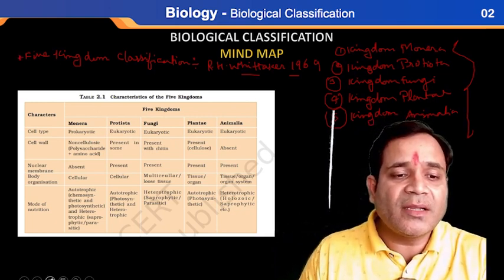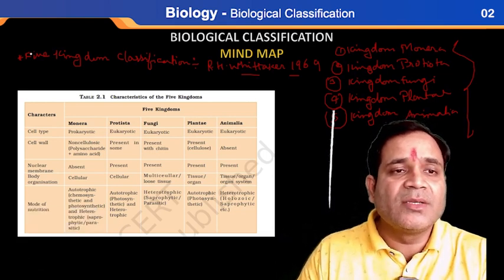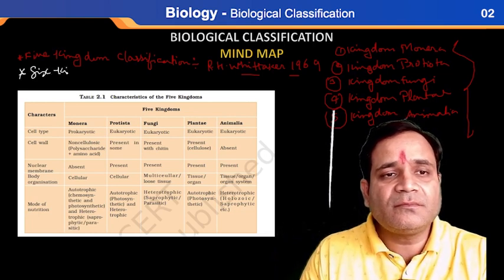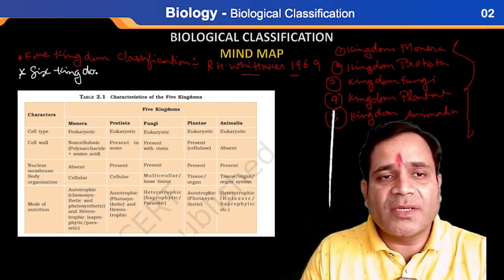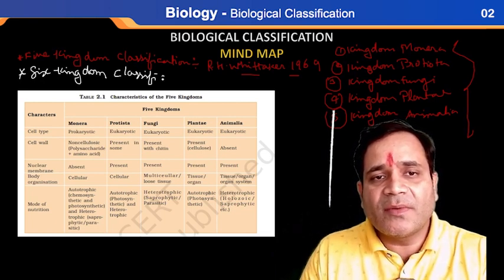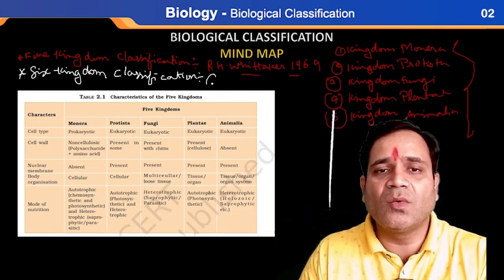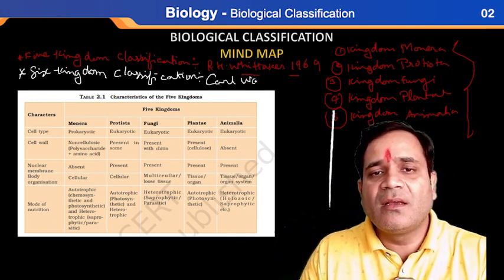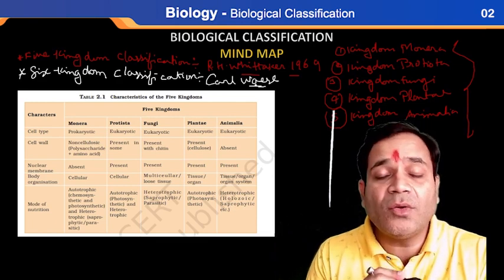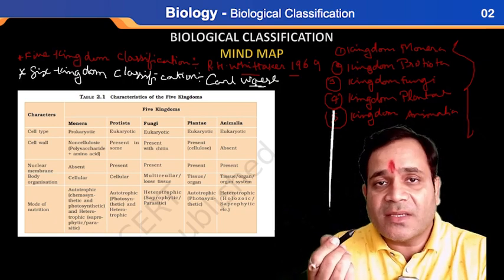Do you know the name of the scientist who gave the six kingdom classification? Yes, Carl Woese. And it is very interesting to know what the six kingdom classification said.